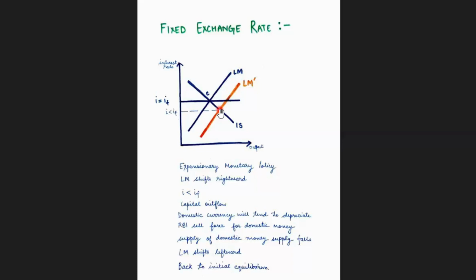Now, as the RBI sells the foreign exchange for domestic money, the supply of domestic money will fall. The supply of domestic money will fall because the money supply constitutes the money held by the people and not by the central bank. Since the domestic money supply falls, we will see that LM will shift towards the left.